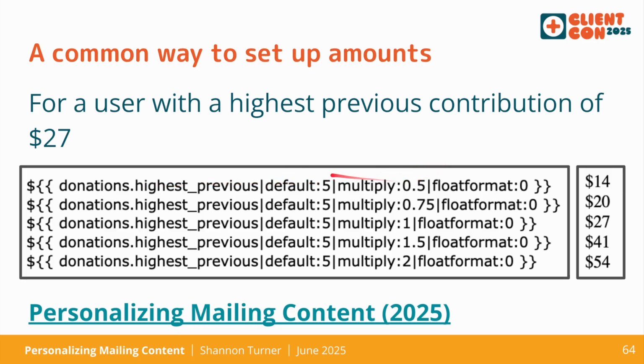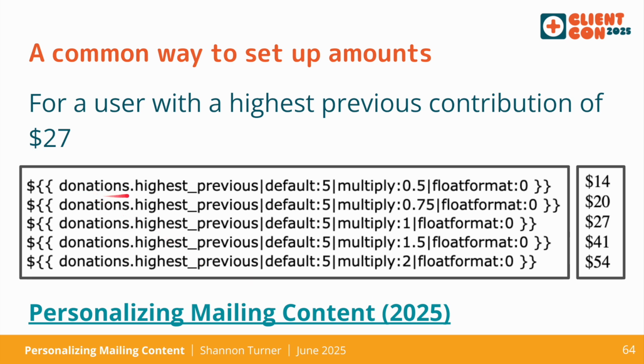This is how you'd create the buttons that link to that pre-selected amount like $20 or $54. We are going to need to modify this just a little bit in order to use it in our custom amounts flow. But the idea goes like this.